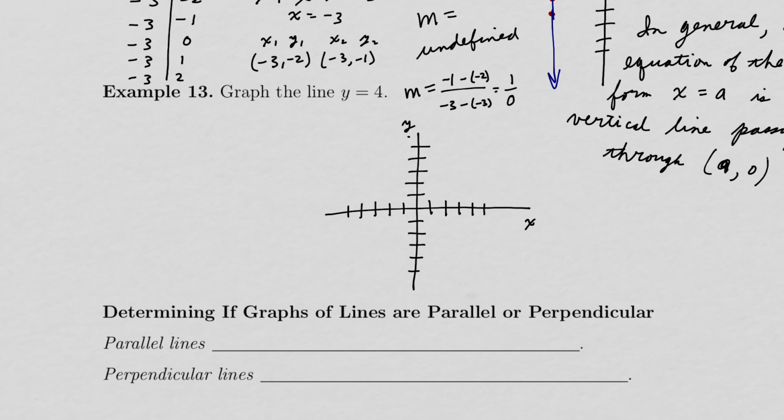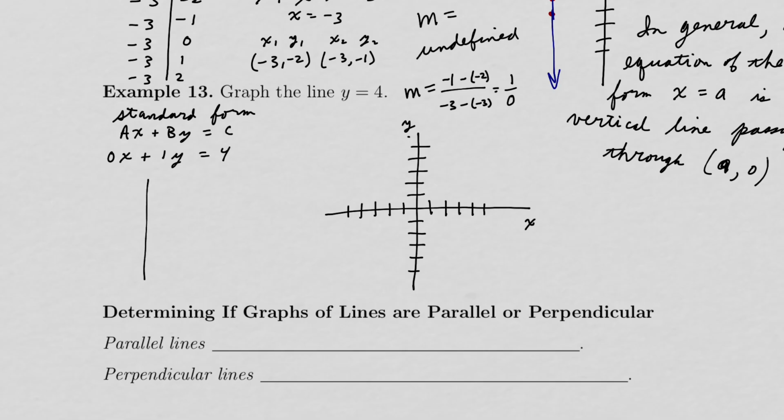I'm going to put it in standard form. So in standard form, remember it's ax plus by is equal to c. So now the a is 0, right, because there's no x term. The b is 1, and then the c is 4.